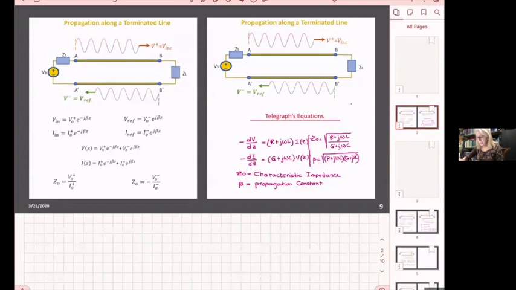However, it does not mean that the current at every point is going to be zero. This is not DC. The current varies along the Z direction.